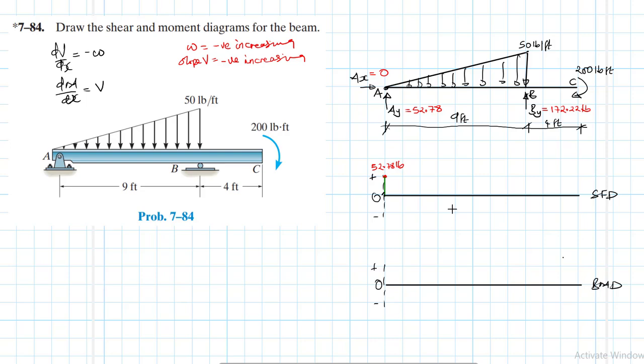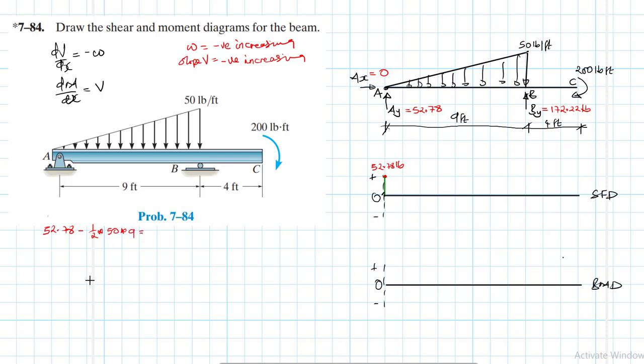So let's find the value. We know that at A we have that value that we just indicated, 52.78, and then minus this negative value that is distributed in between here. So we have half times the equivalent force, 50, which is the height, times the base, which is the length, 9.